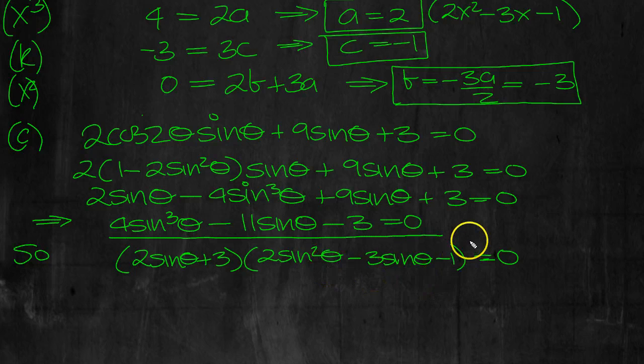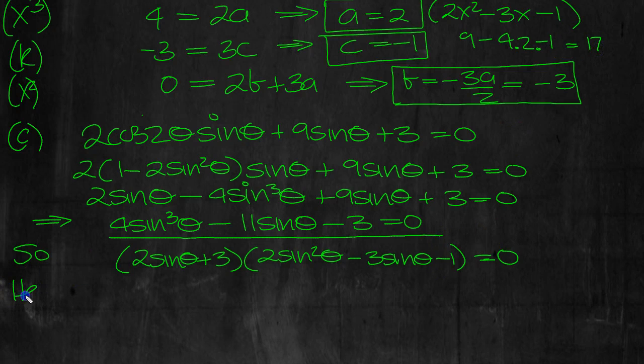Now, what about this? Does it have roots? So b squared minus 4 times a times c: b squared is 9, minus 4 times a, which is 2, times c, which is minus 1. It's actually 9 and 8 is 17.